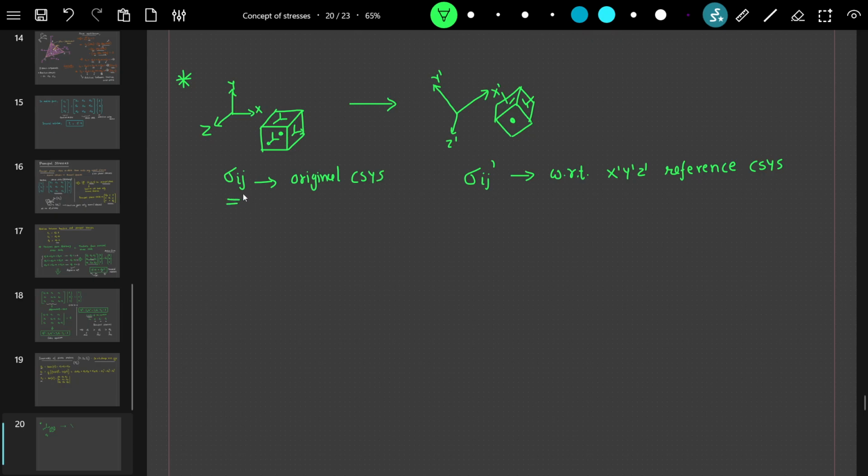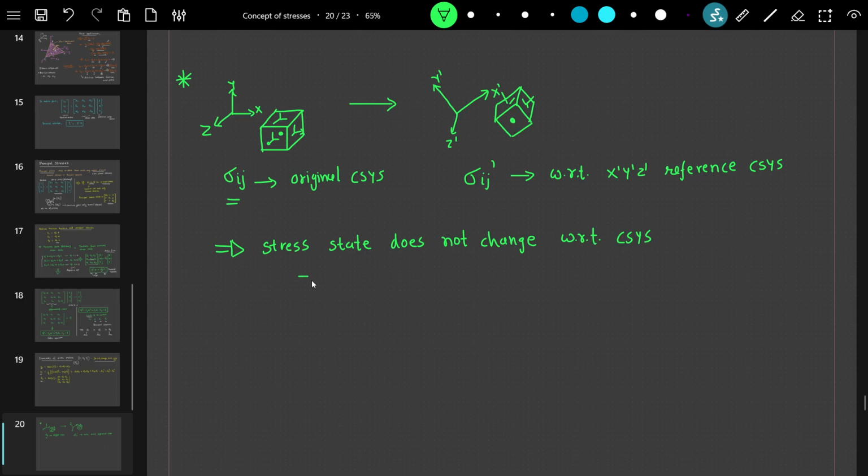So now we have two stress states: one in the original coordinate system, the other in the rotated coordinate system. Now we can say that the stress state does not change with respect to the reference coordinate system.